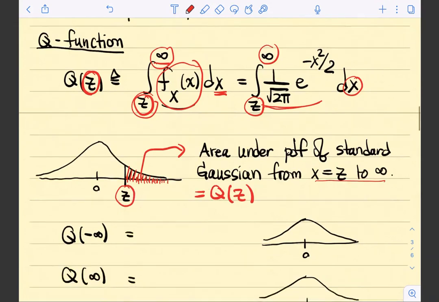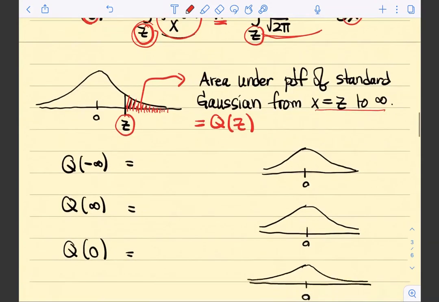Okay, so let's try some examples. What is the Q function of minus infinity?